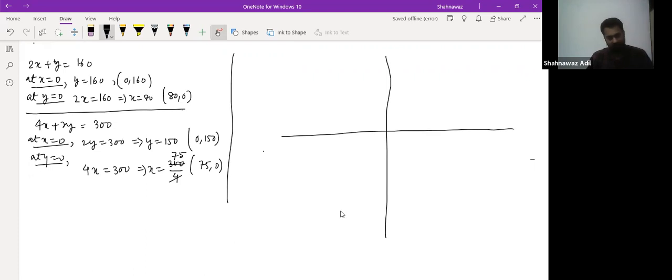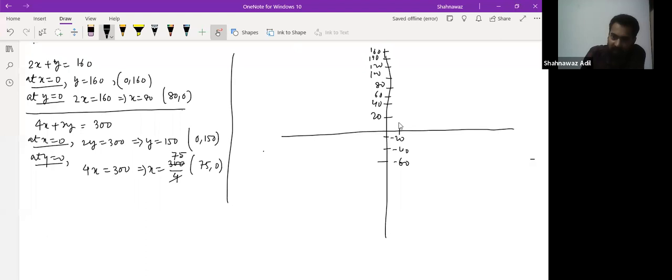We have to reach 160 in the y direction, so let's take steps of 20: 20, 40, 60, 80, 100, 120, 140, and 160, and then minus 20, minus 40, minus 60.